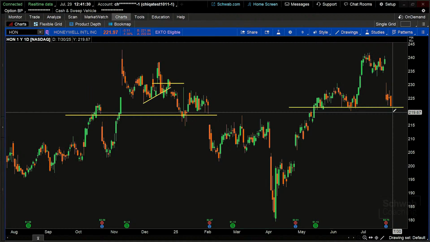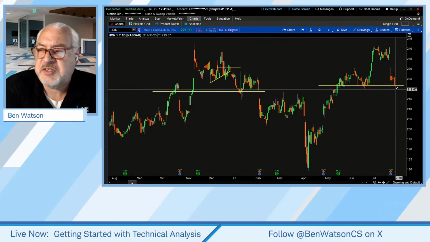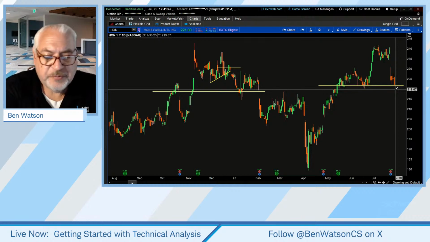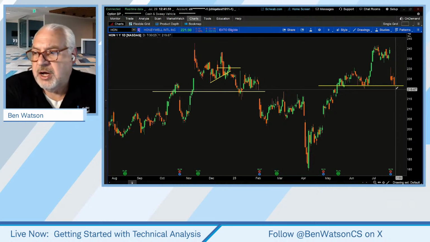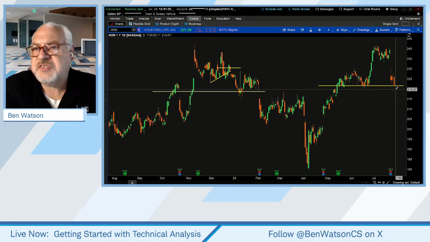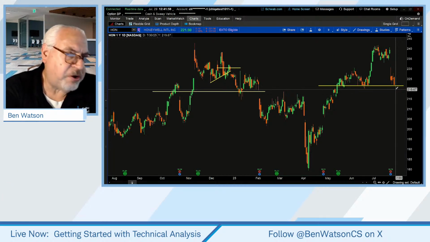So how do you identify these levels? How do you use these levels? This is a great opportunity to build a watch list of stocks that you feel comfortable with from a fundamental standpoint, or whatever means you use to put them into a watch list, and then use levels of support and resistance. Draw lines on the chart. You'll see, if you look at Cameron's charts, if you look at my charts, if you look at Mike Fairborn's charts, James Boyd's charts, you'll see lots and lots of lines drawn on those charts.